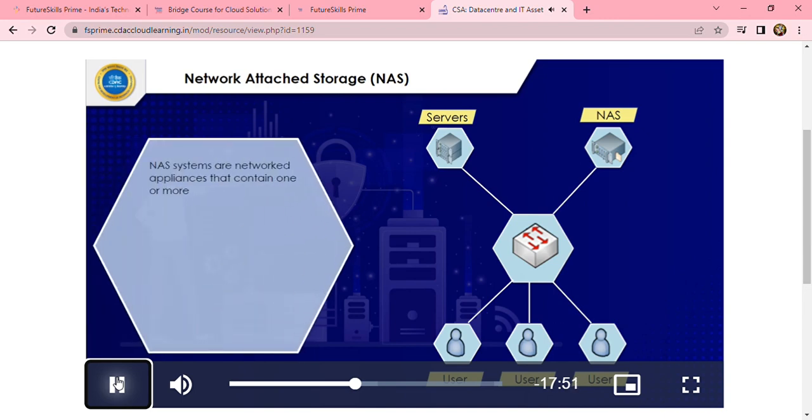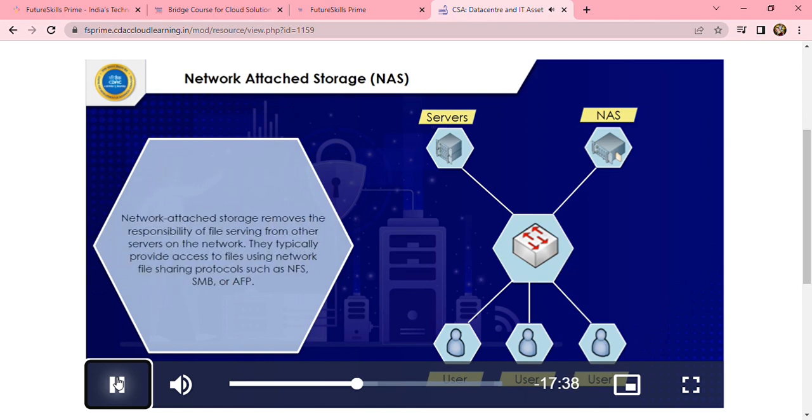NAS systems are networked appliances that contain one or more storage drives, often arranged into logical, redundant storage containers, or RAID. Network-attached storage removes the responsibility of file serving from other servers on the network. They typically provide access to files using network file sharing protocols such as NFS, SMB, or AFP.